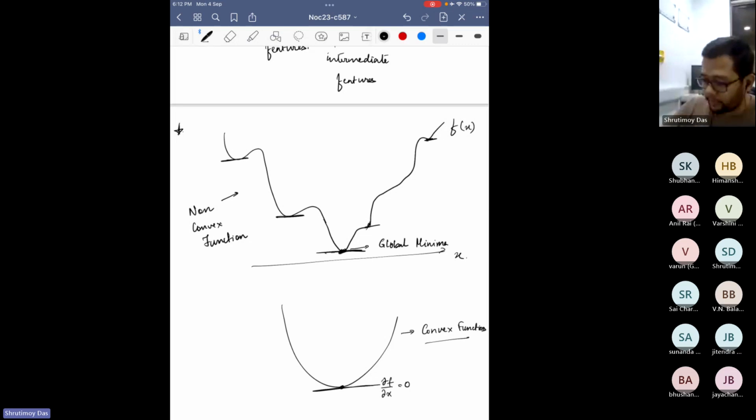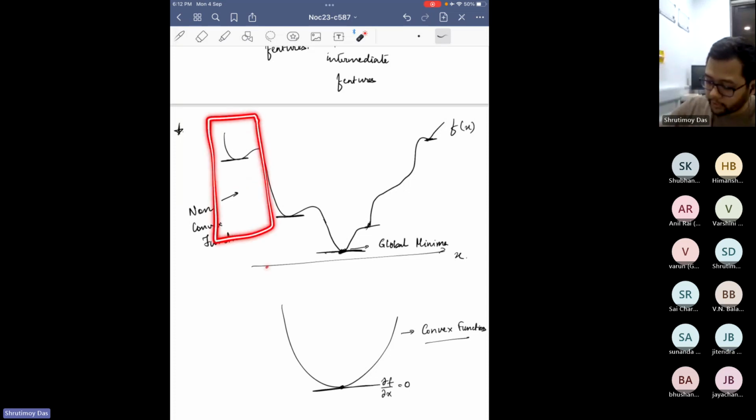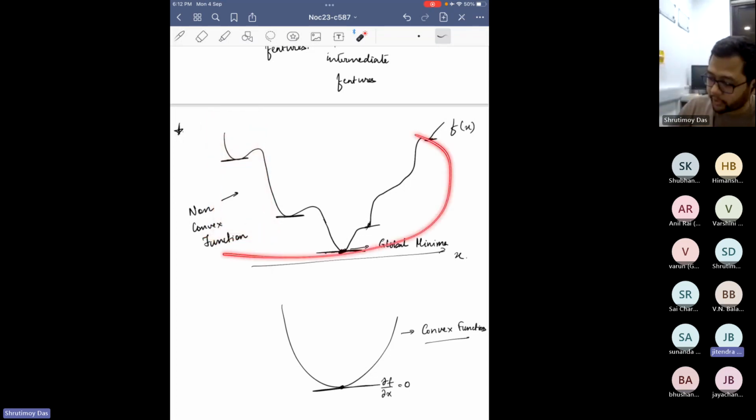If you concentrate on this region, say we are looking at this point, this is a minima, right? However, this is a minima only locally in this place, but in the overall scheme of things, this is not the global minima. Even these are local minimas.